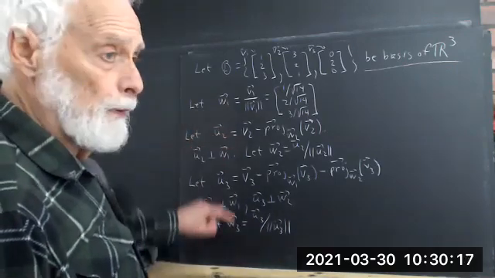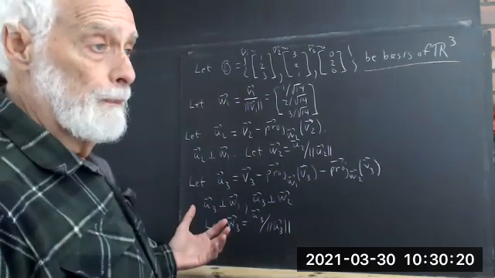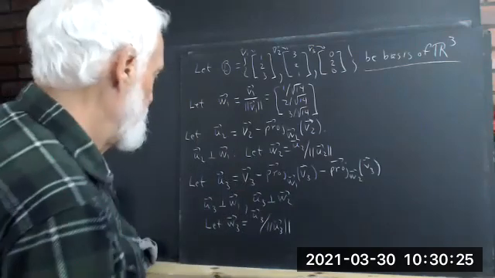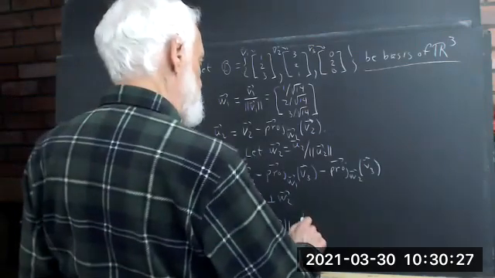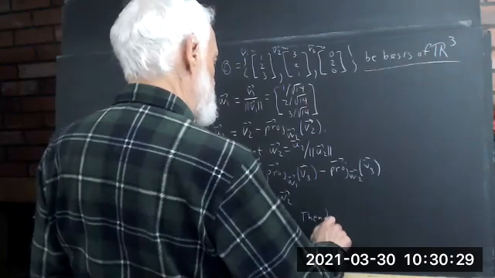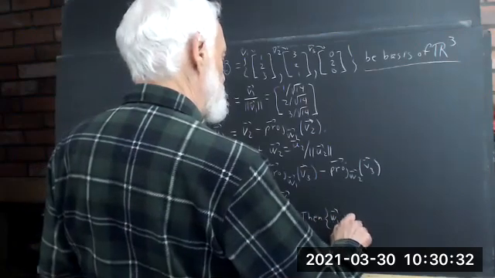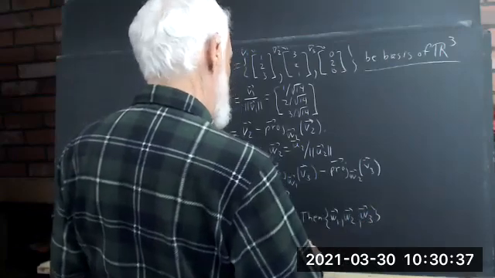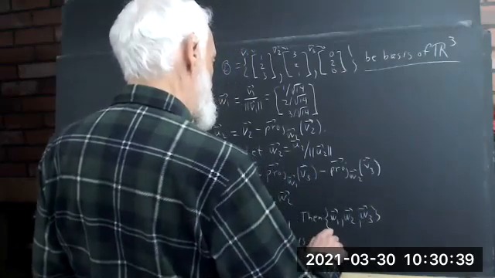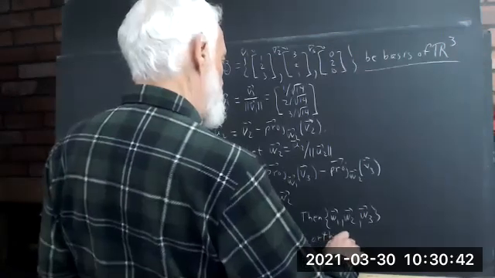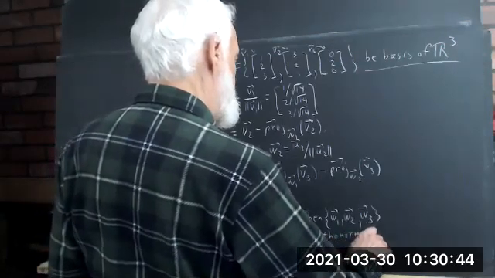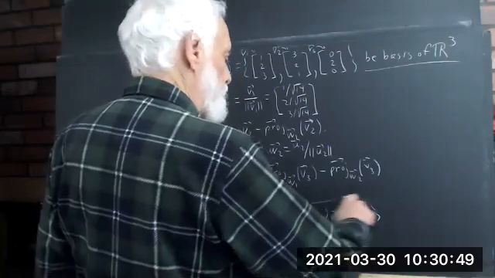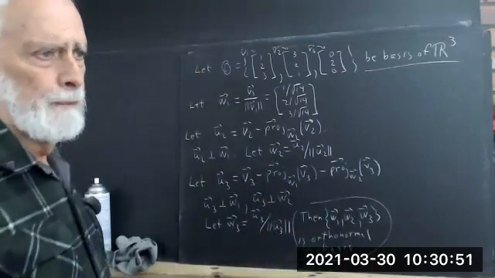Okay, W1, W2, W3 are now all unit vectors, and each is orthogonal to the other. This is an orthonormal basis.